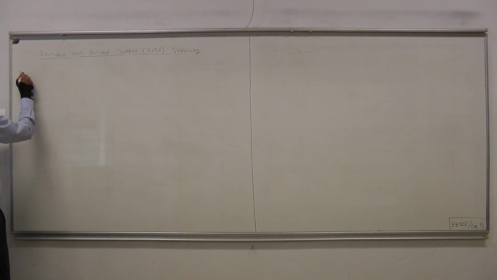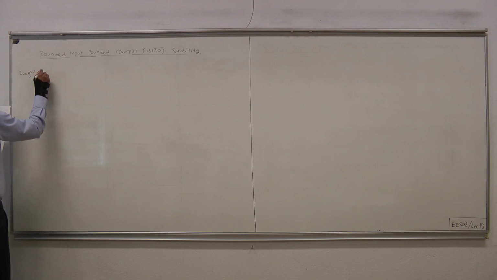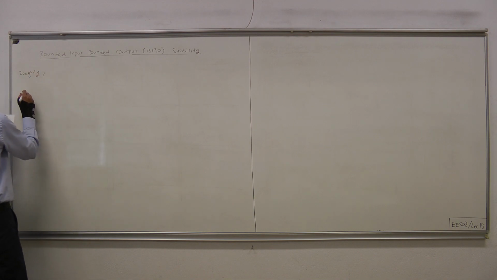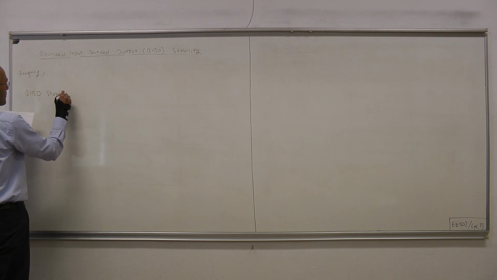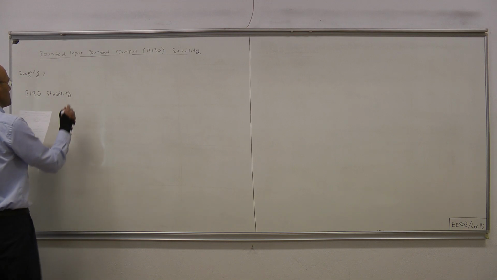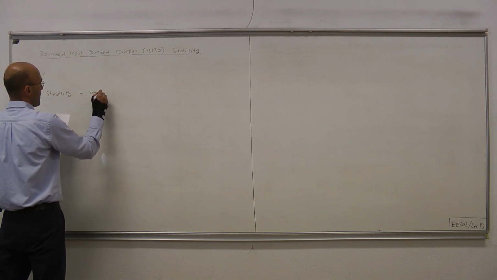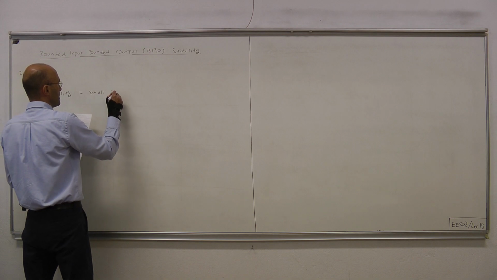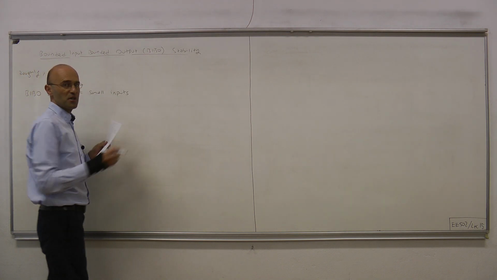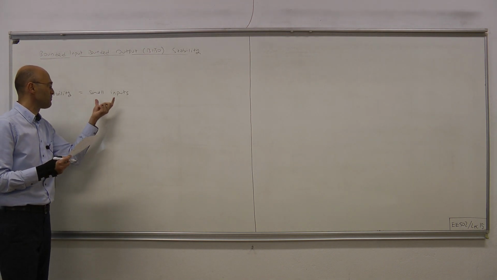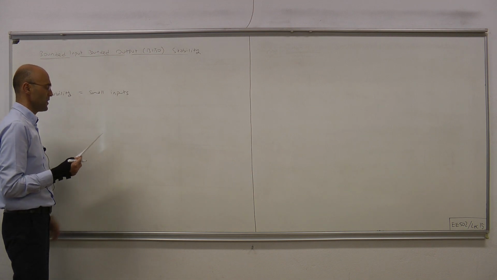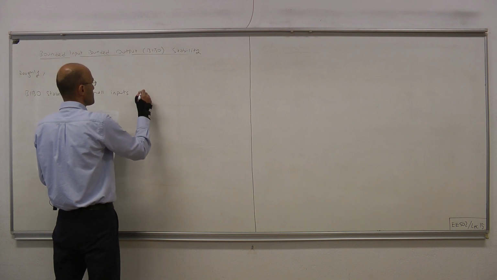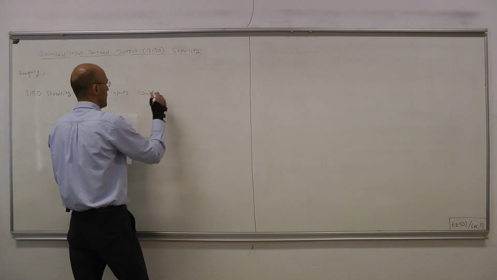So, roughly speaking, bounded input, bounded output stability means small inputs, small in some sense, okay, we're gonna make this expression more precise soon enough, cause small outputs.